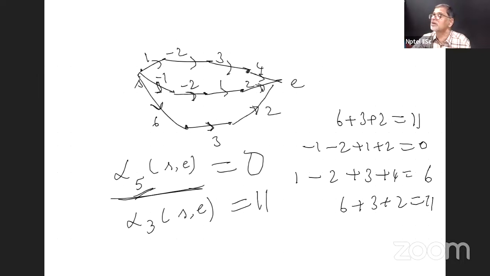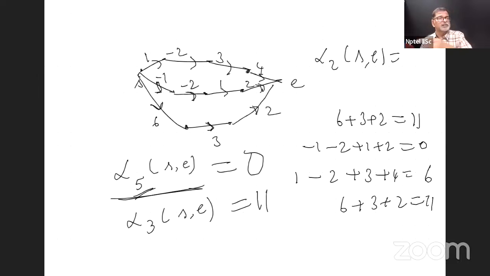What is alpha 2 SE? Alpha 2 SE is maximum 2 edges. From S to E, you can have 1 edge or 2 edge walks. There is none here. There is no path. When there is no path, we have a convention that we set that as infinity.